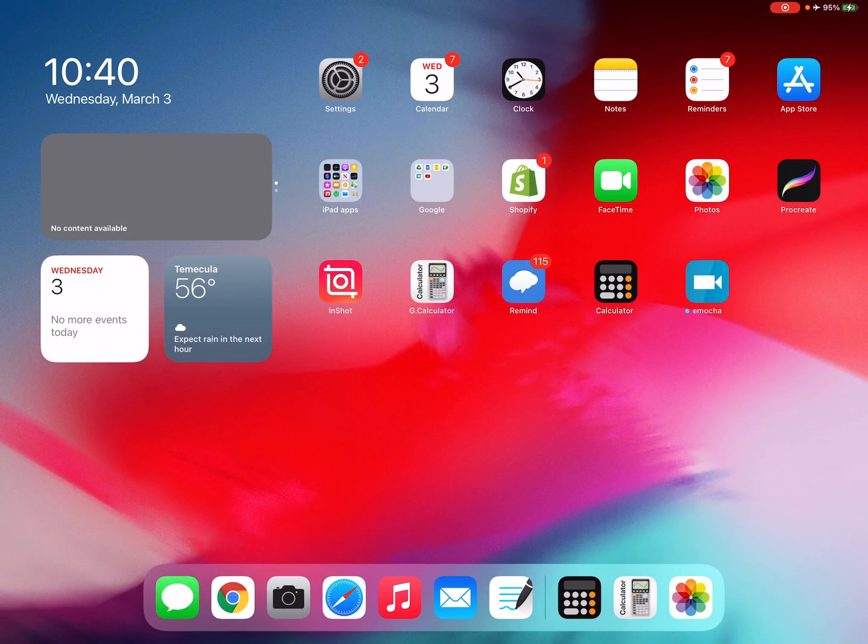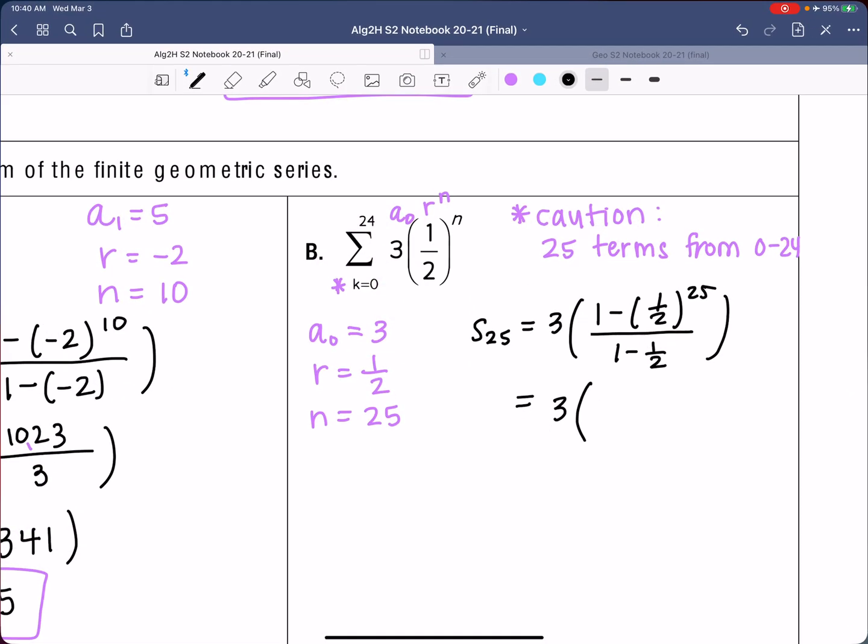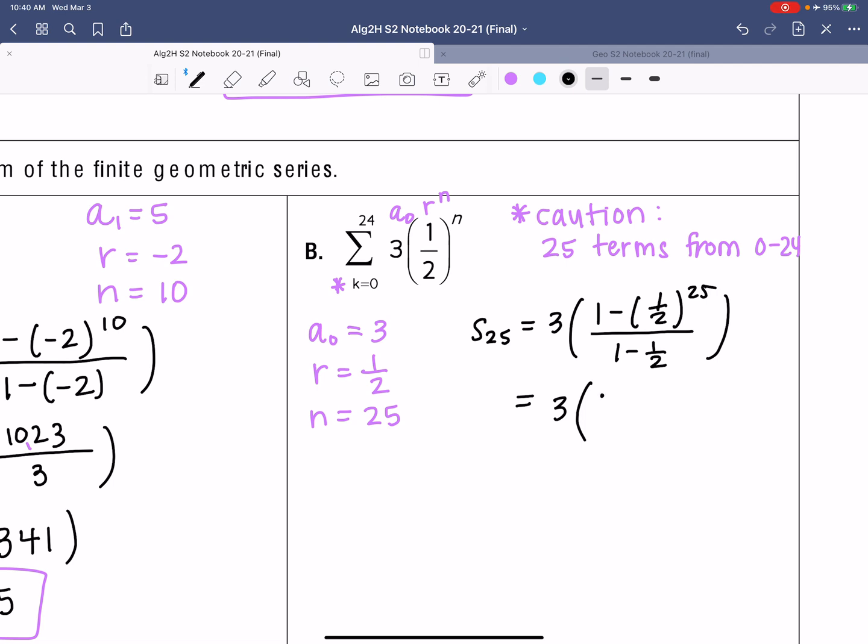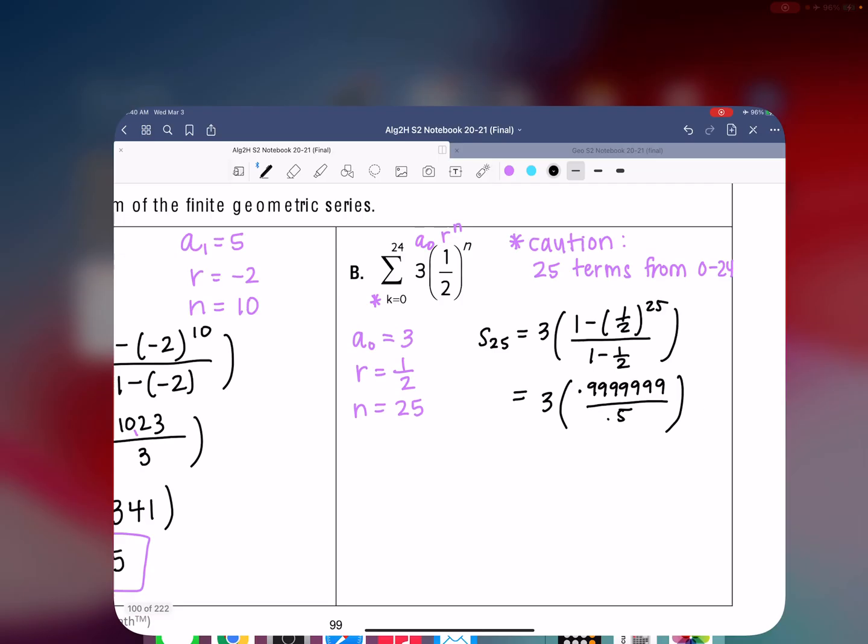So we'll just write down 0.9999. So that is approximately 0.99999. I think there were 7 9s, something like that, divided by my 0.5. Okay, using a calculator again.